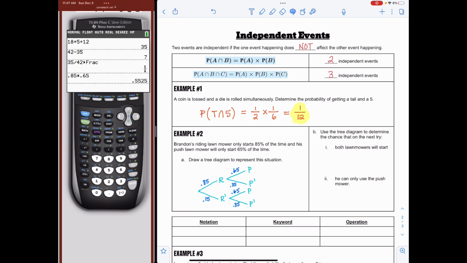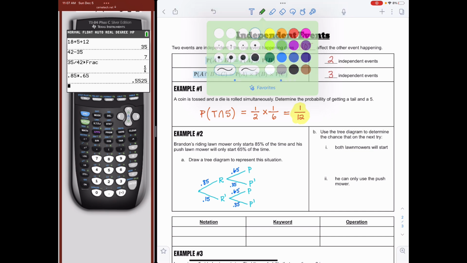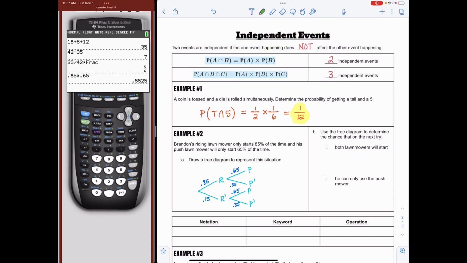So now I can find the probabilities. So the probability that both lawnmowers will start, I'm trying to find the probability that the riding lawnmower is going to start, and notice when I say the word and, I drew the symbol, the probability of the push lawnmower is going to start.